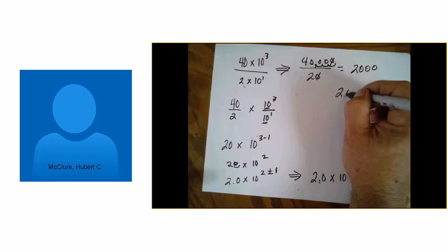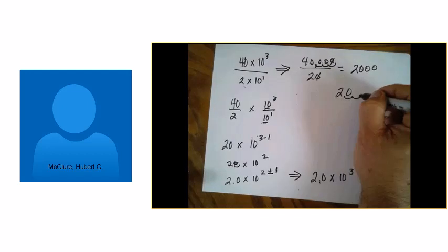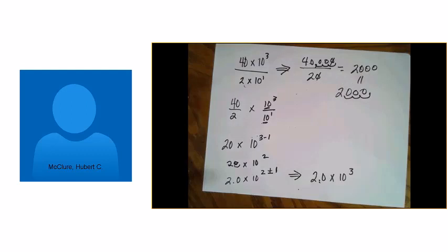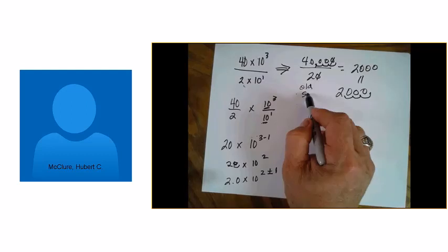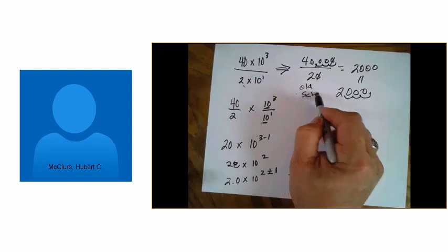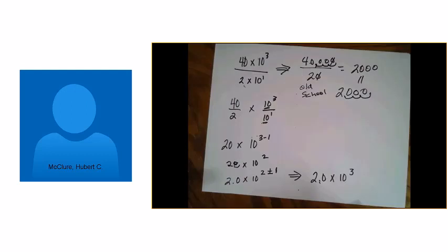There's 2.0, 1, 2, 3. And they're equal. So this is old school. And this is scientific notation.